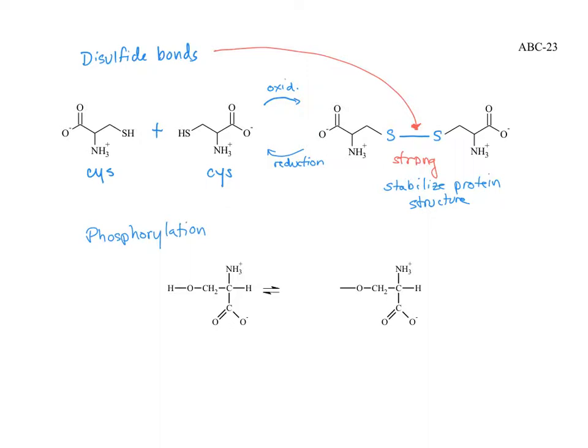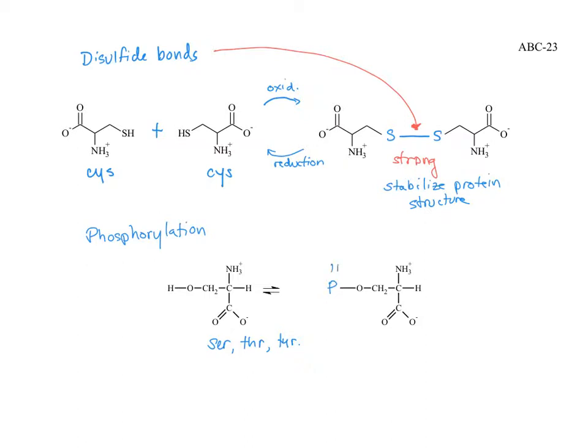We can use any amino acid that has an alcohol on its side chain. There's three of those. We can use serine, threonine, or tyrosine.